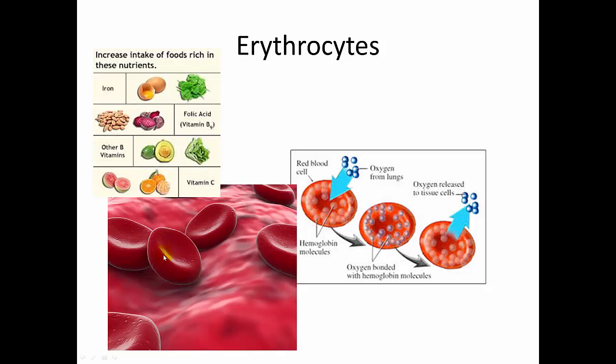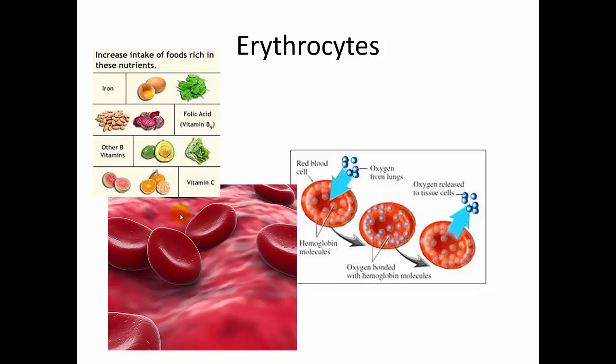Look at this red blood cell, and what do you notice about it? It looks kind of like a closed donut. So what we call that is a biconcave disc. So on both sides, it is kind of sunken in, if you will.